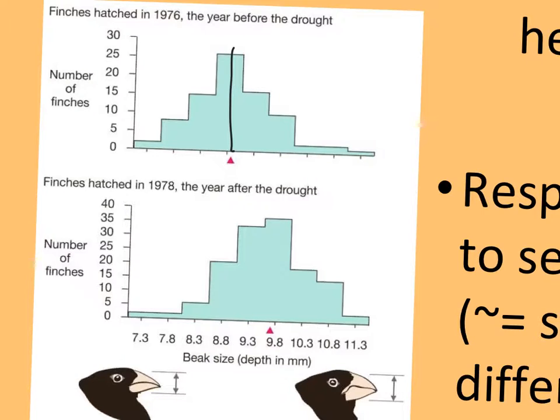The only ones that were finally left were really hard, thick seeds that you needed a thick bill to actually be able to crack. So only the birds with the thickest beaks actually survived. And it went up to 9.8 millimeters.